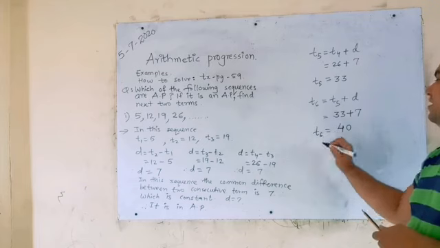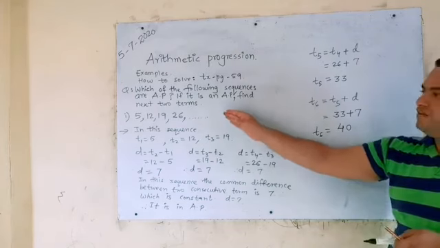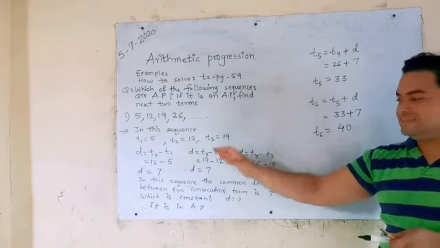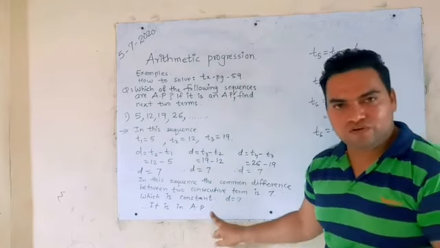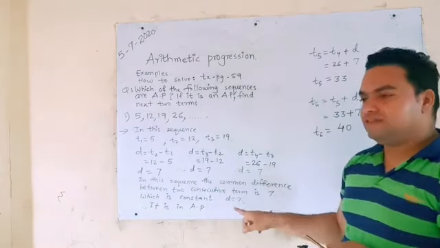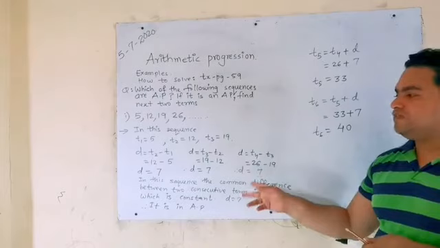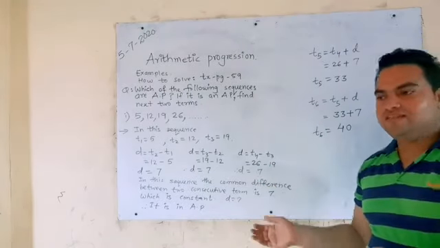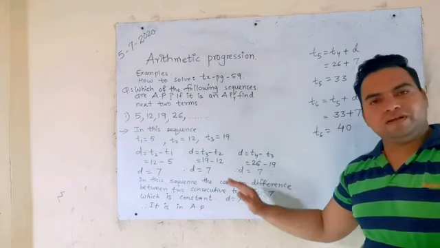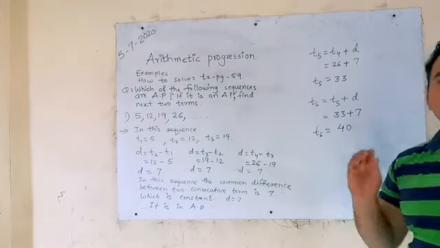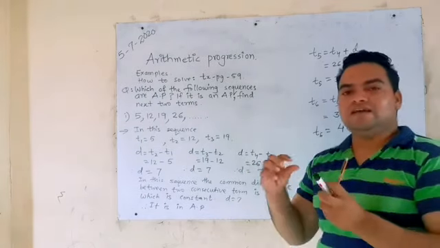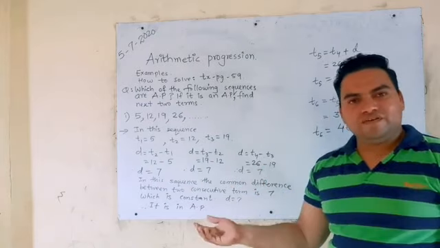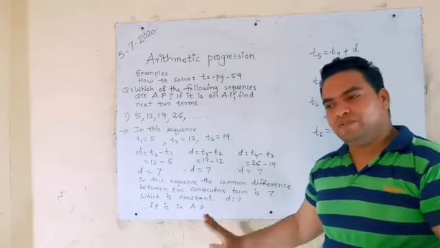So here I have explained that first we have to check whether the given sequence is in arithmetic progression, yes or no. For that we follow the difference between two consecutive terms. That should be constant. If it is constant, then the given sequence is in arithmetic progression. If it is not constant, meaning D is again and again different, then it is not in arithmetic progression.